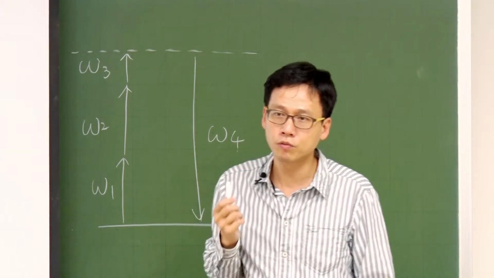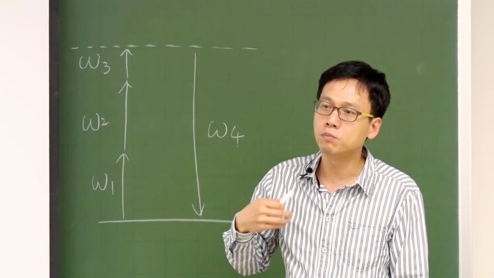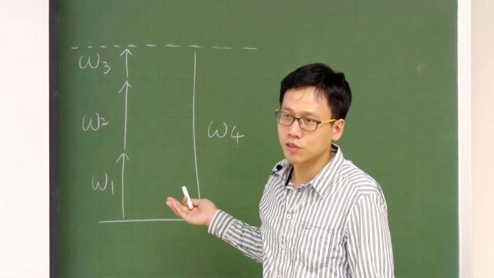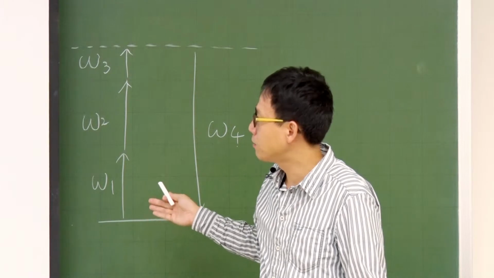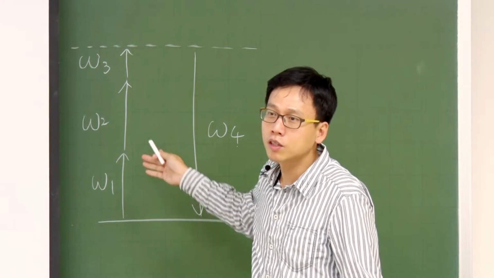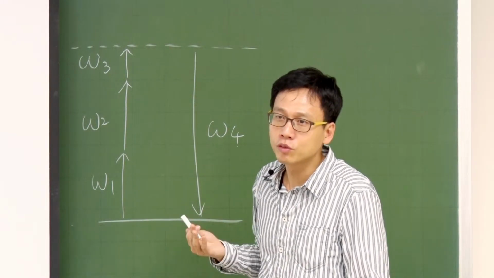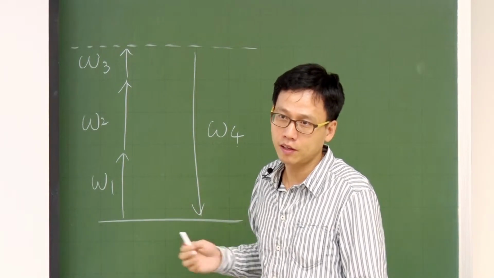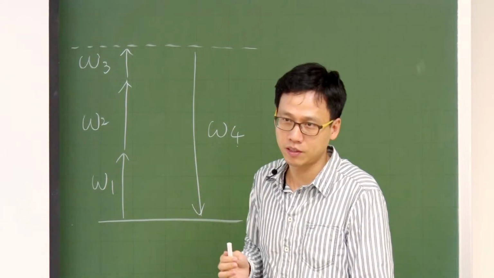Combining three input photons, then emitting one output photon. Looks like sum frequency generation. But this time, there are three input fields instead of two. So we need chi-3 instead of chi-2 nonlinearity. Okay, so this is just one possibility.